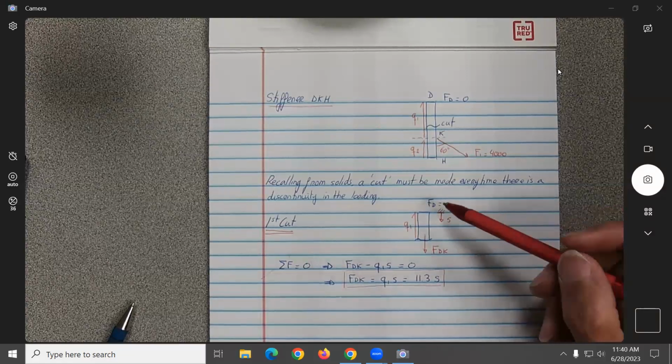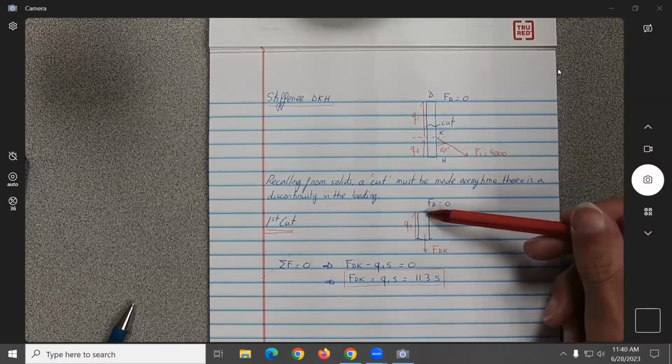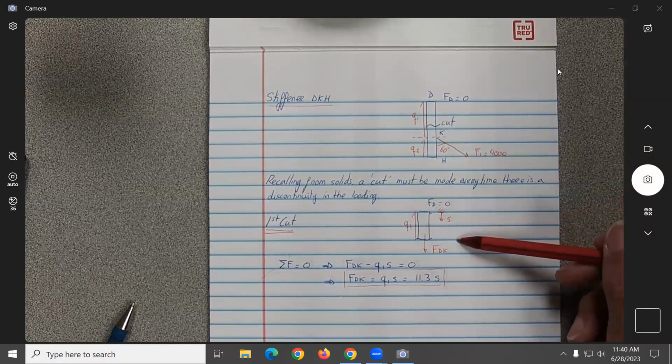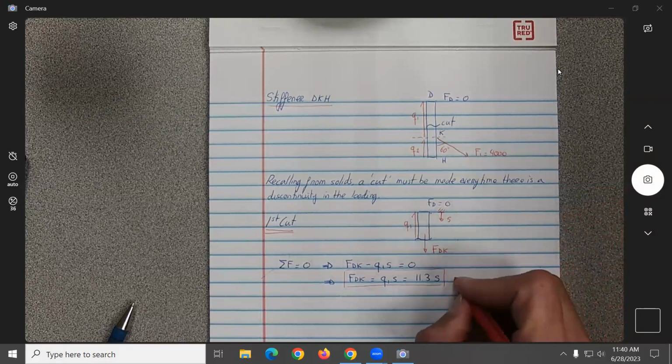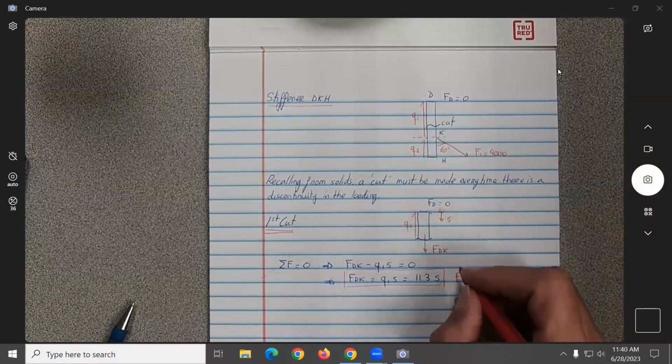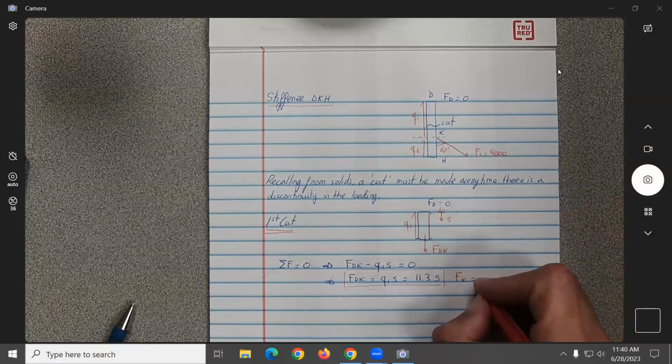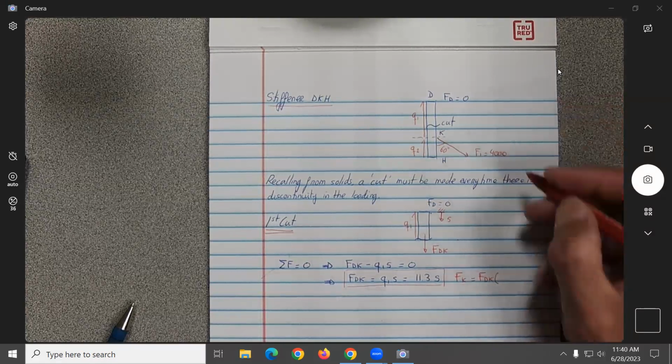Okay, so basically what would be the variation? F at D would be 0, and it will be a linear increase, no, up to point K. And what would be the value at point K? So F of K would be equal to F of DK at what location?